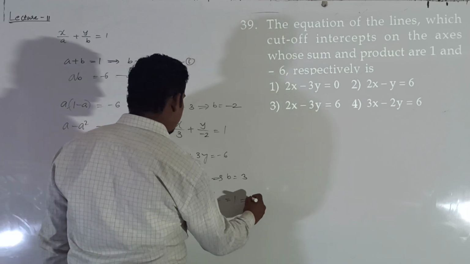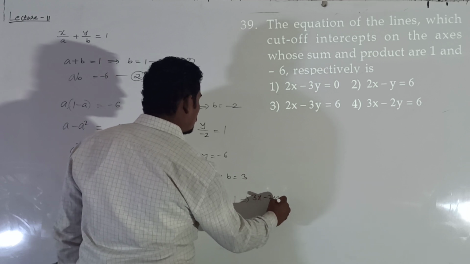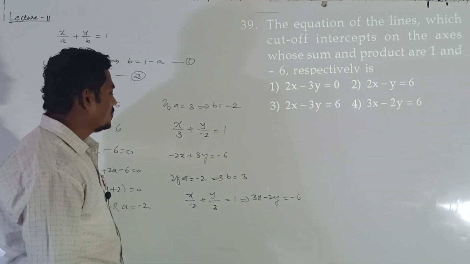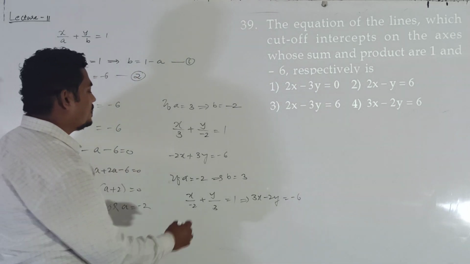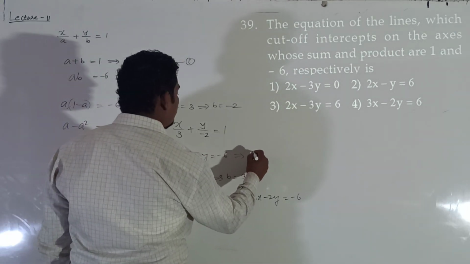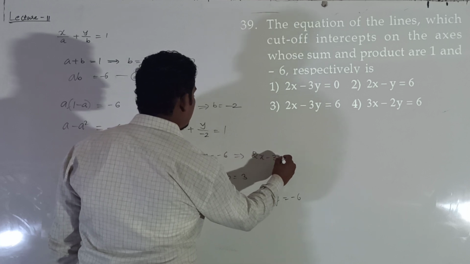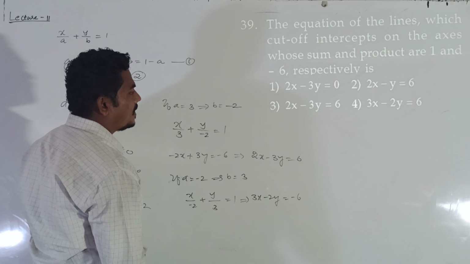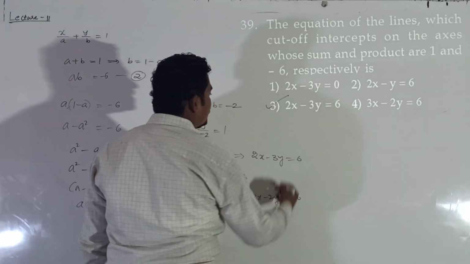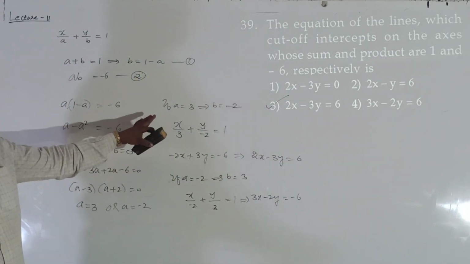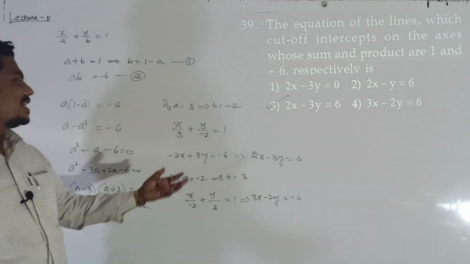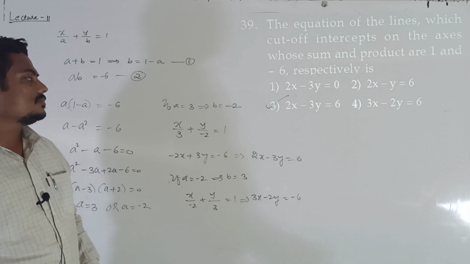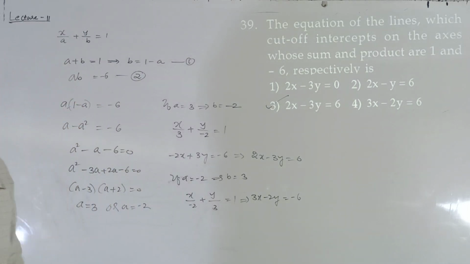On simplification it gives 3x minus 2y is equal to minus 6. Or if you simplify this one, it will be 2x minus 3y is equal to plus 6, that is the third option. In the given options they considered the second case; they may give the first case also, right? That is the third option. Next question.